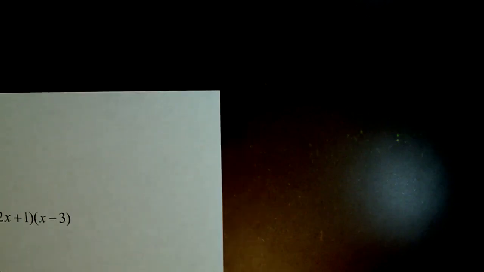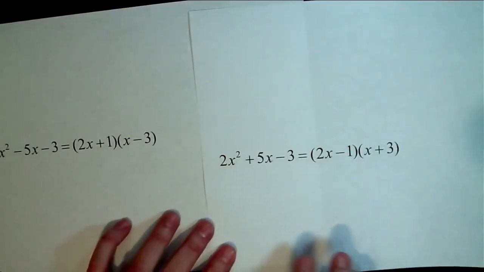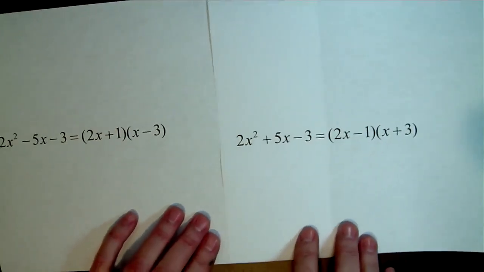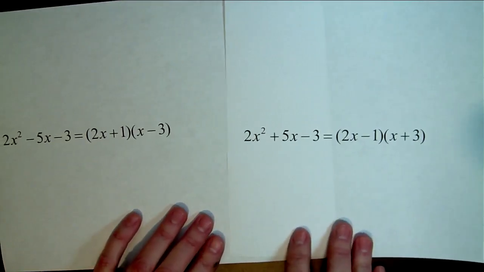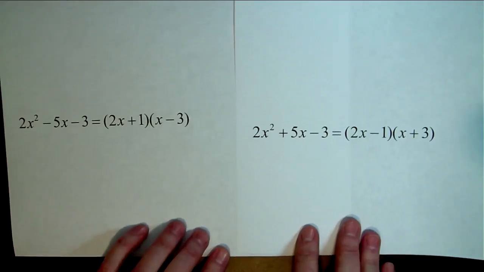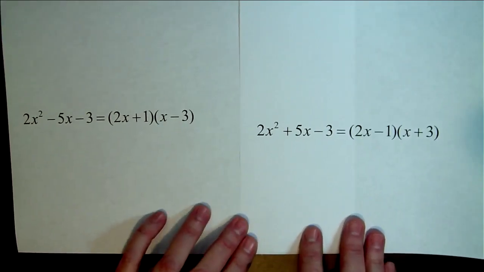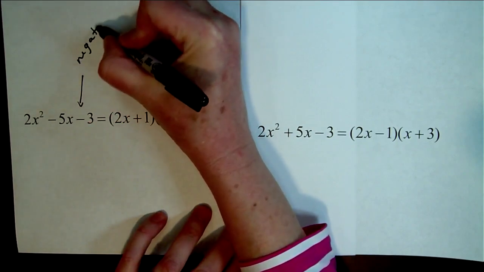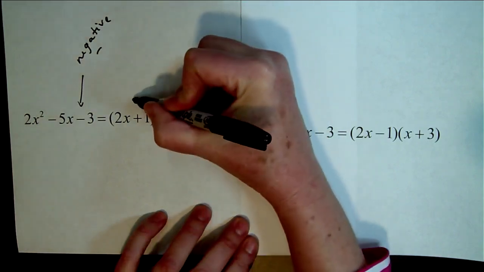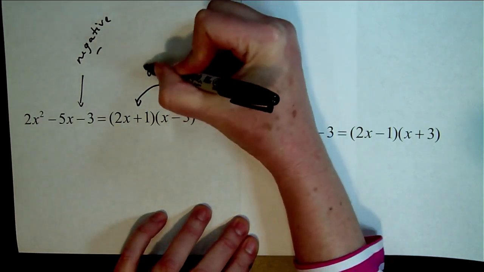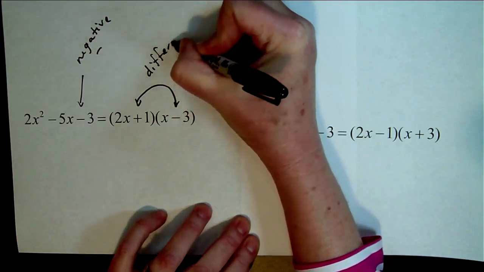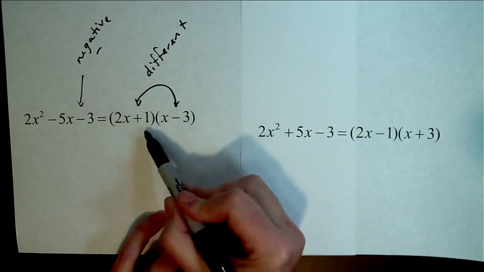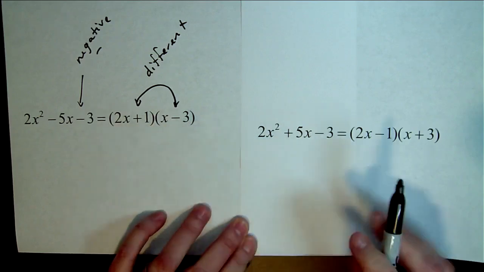Now, what if that constant term is a negative? Then your life's a little more difficult. If it's a negative on the constant term, you're going to need to have different signs in your parentheses, because you need a plus with a minus to get a product that's negative.